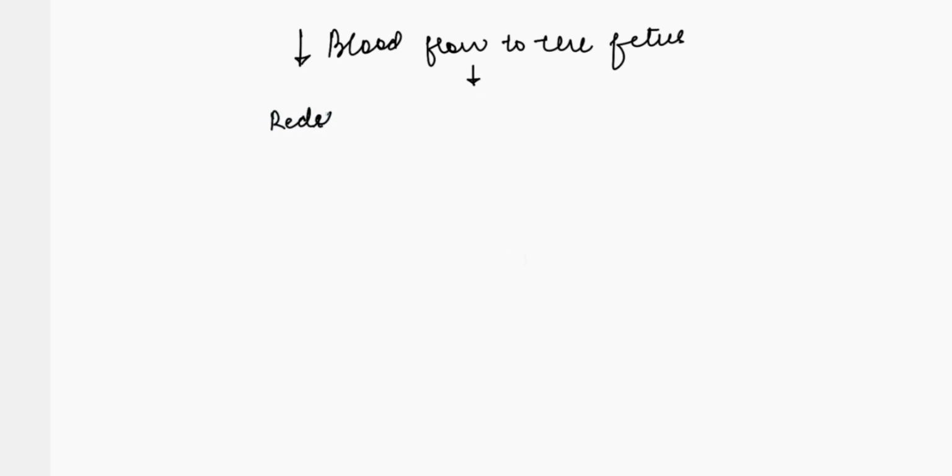Now let's discuss the pathophysiology of FGR. How does it happen? So see, in FGR there is decreased blood flow to the fetus. Since there is decreased blood flow, there is an adaptation mechanism in which the fetus redistributes its blood to vital organs.